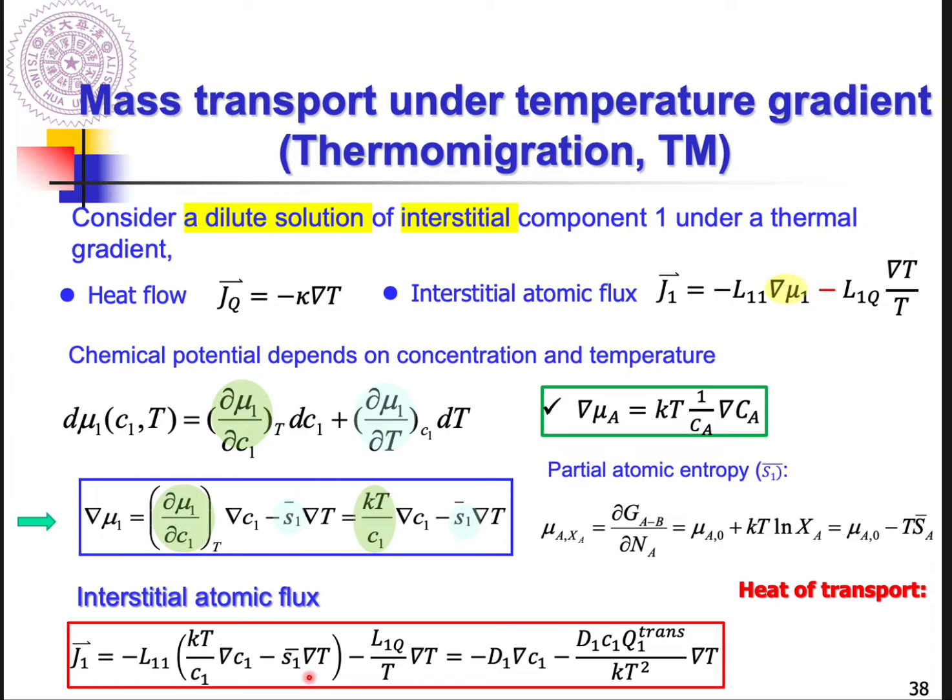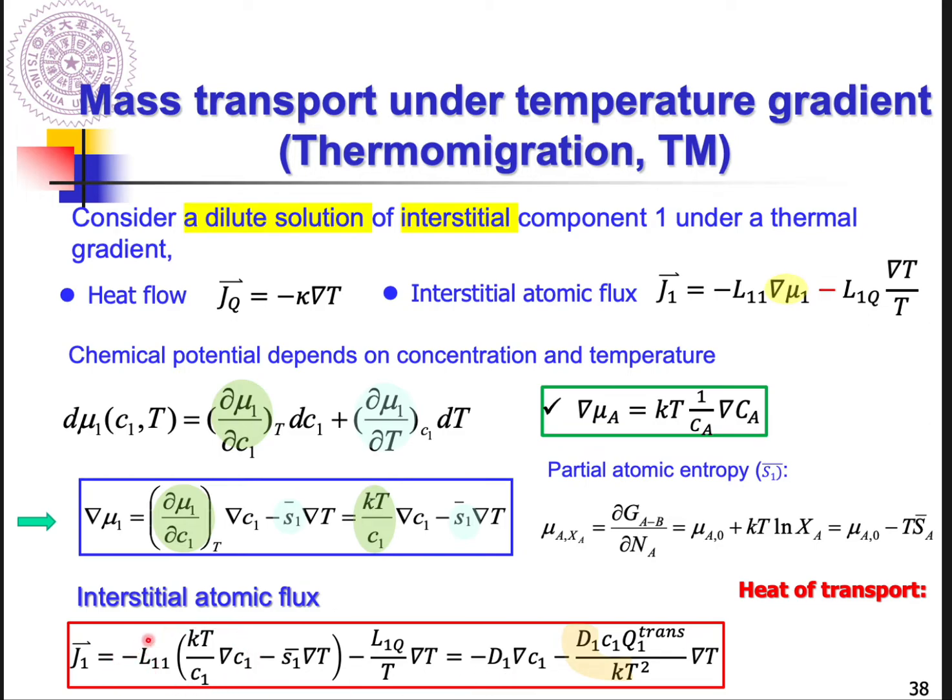Then you need to arrange them, putting the temperature gradient together and the concentration gradient together. So what you get after arrangement, the concentration gradient part will always equal the Fick's first law, right?